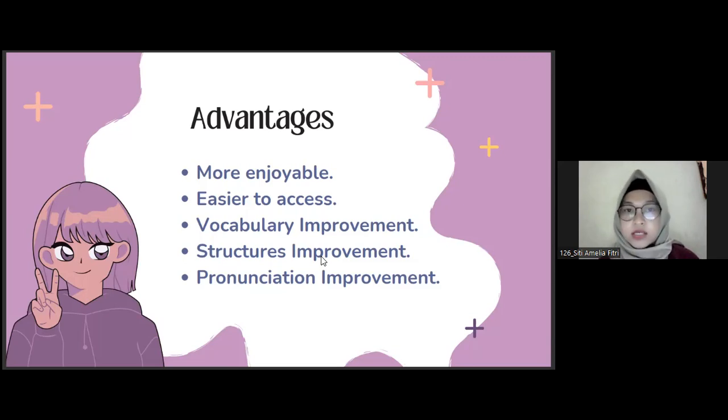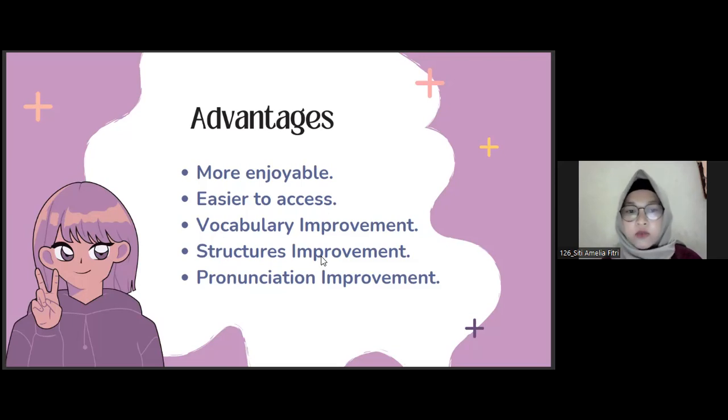Next, easier to access. Students can easily listen to various songs to practice listening skills from various platforms such as Spotify or watch videos on YouTube. Next, vocabulary and structure improvement.